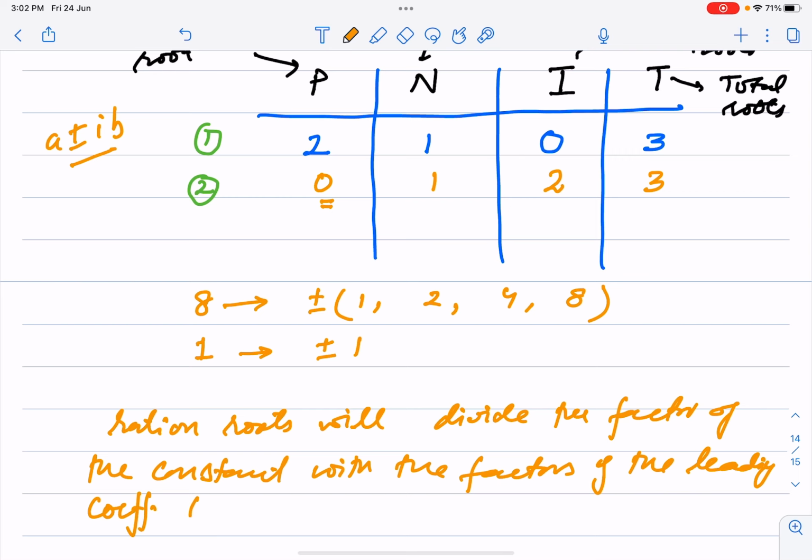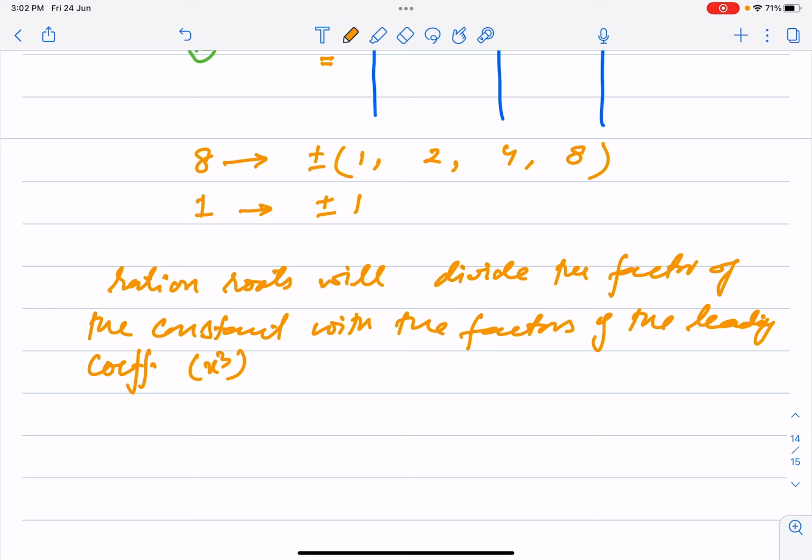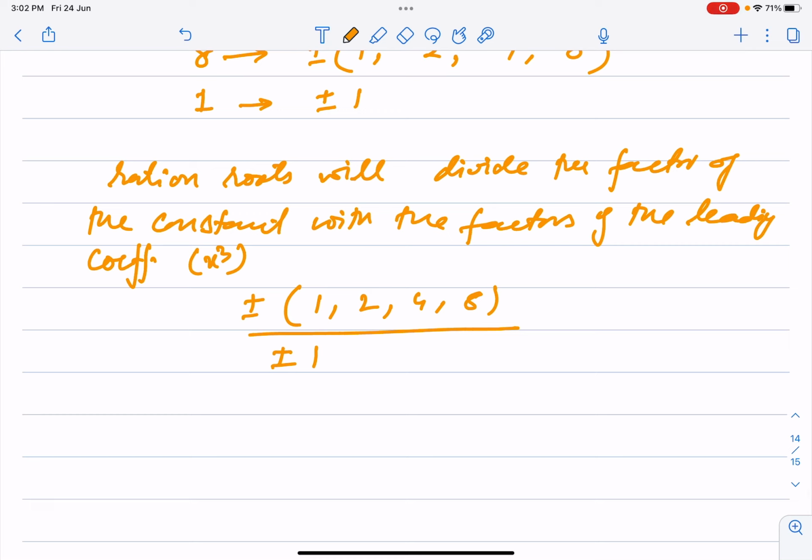In this case it is x cube and the coefficient is 1. So the possibility is plus minus 1, 2, 4, 8 divided by plus minus 1. So possible roots will be minus 8, minus 4, minus 2, minus 1, 1, 2, 4.